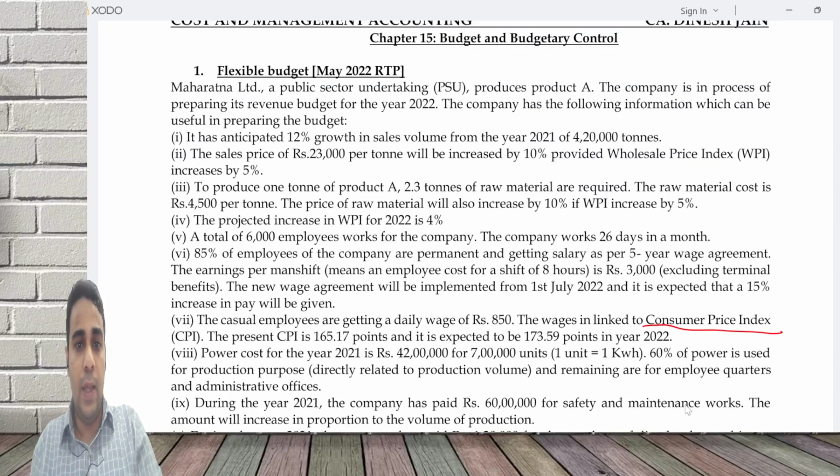A very lengthy question, an excellent problem to revise flexible budget. Please go through the question. Excellent problem to revise your flexible budgets.